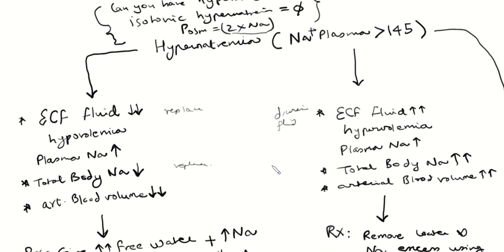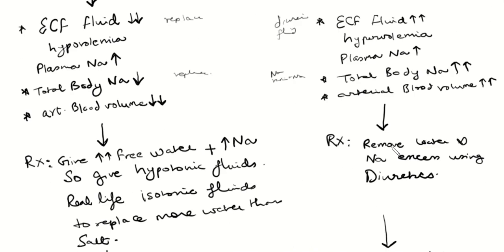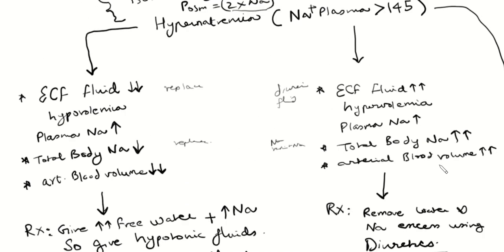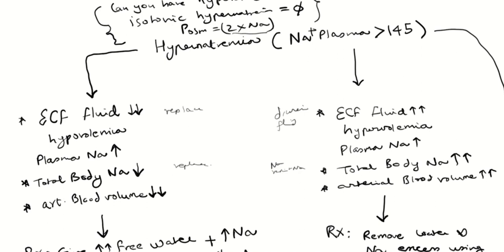I got to get rid of this salt, and I got to restrict their intake of salt, right? How do you do this? Remove water and sodium excess by using diuretics. We're going to talk about these drugs in renal pharmacology, so you can review those. And diagnose and treat underlying cause. Easy, right?